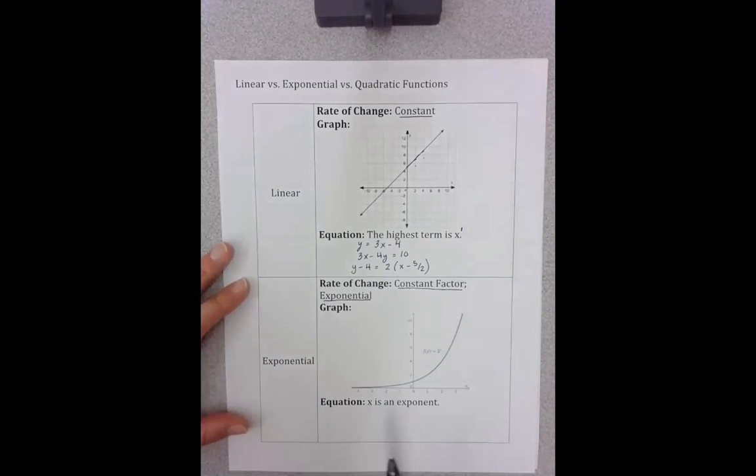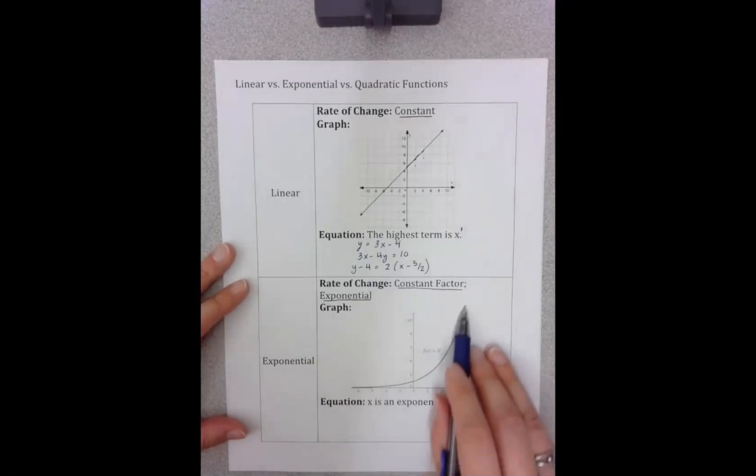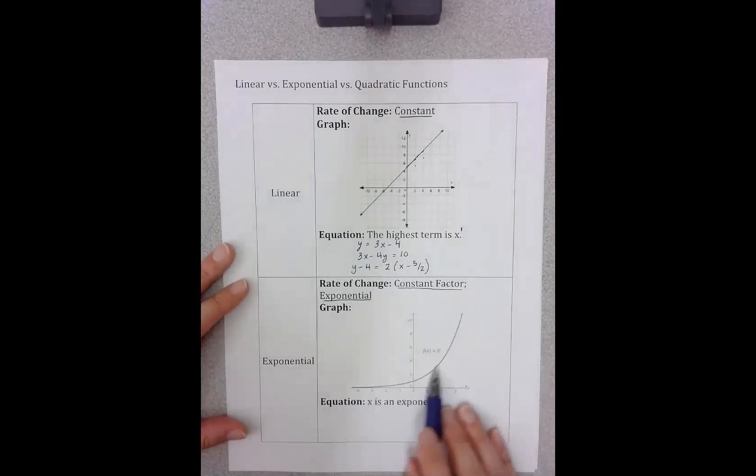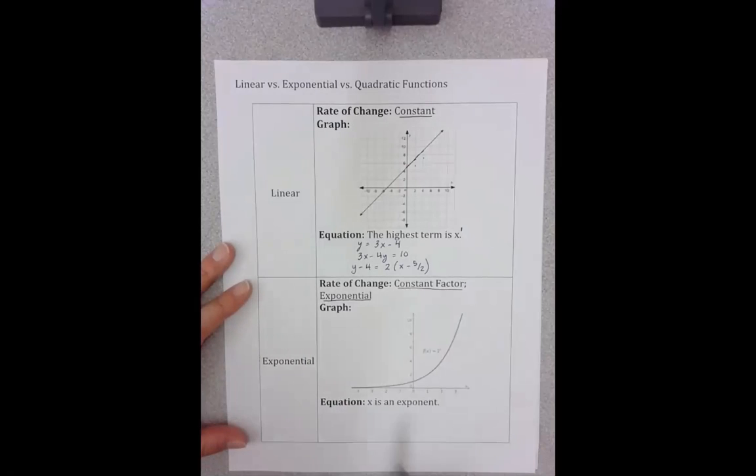For exponential equations, for the graphs, they have this general shape. So they flatten out someplace and then they continue getting higher and higher on the other side. For exponential, the equation x is an exponent. So that means I could have something like y equals 3 to the x, or I could have f of x equals 1/2 times 4 to the x. Either way, the x in the equation is an exponent.